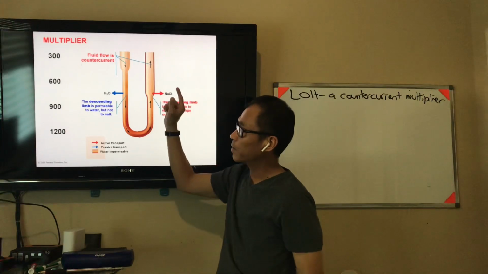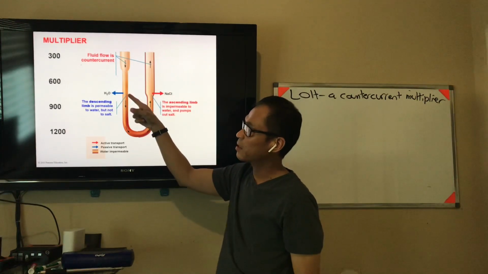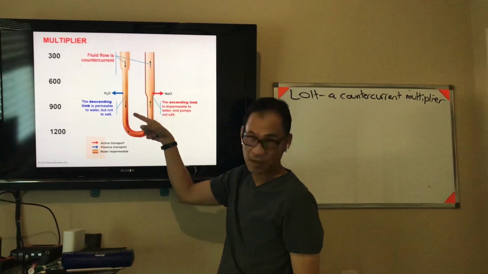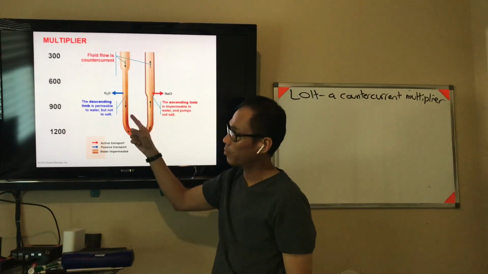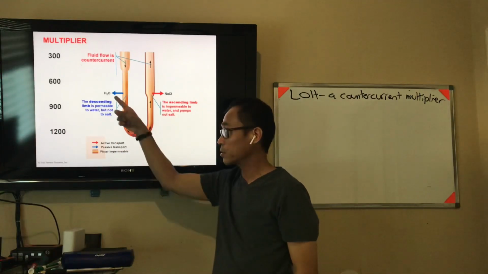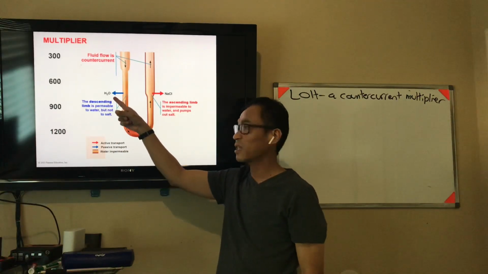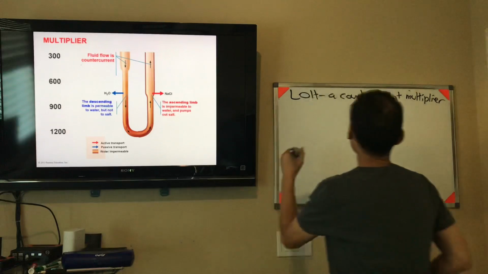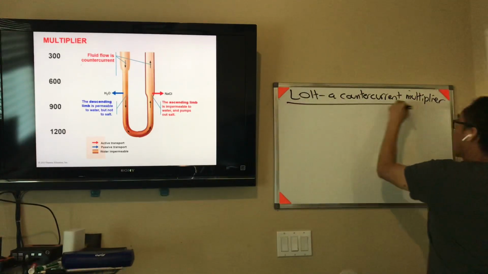So, in terms of this loop of Henle, this thin descending limb is water permeable. It's permeable to water, but not salt. So water leaves on the thin descending limb. That's what you should know on this loop of Henle, this countercurrent multiplier thing.